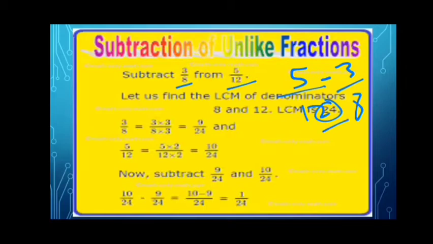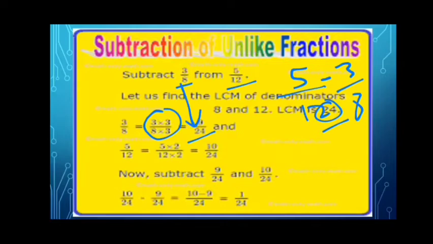So multiplying 3 over 8 by 3, multiply the numerator by 3 and the denominator by 3 gives you 9 over 24. So the first fraction is 9 over 24 already.